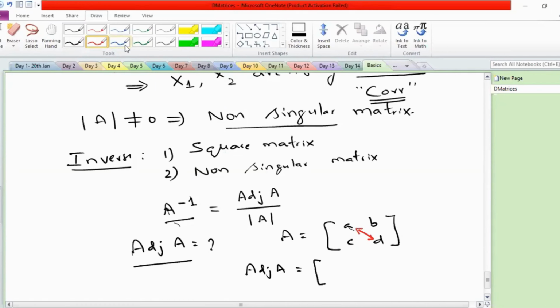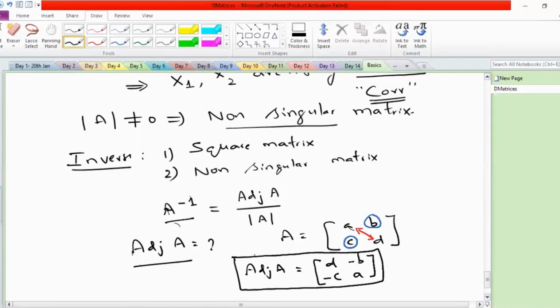After that, change the sign of the other elements. This becomes d, this becomes a, this becomes minus c, this becomes minus b. This is your adjoint. Is that clear, my dear friends?